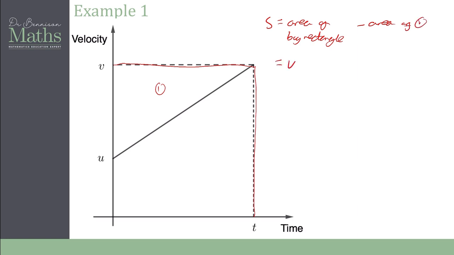When we have vt minus a half times t times v minus u, which is vt minus a half at squared, which was equation 2.